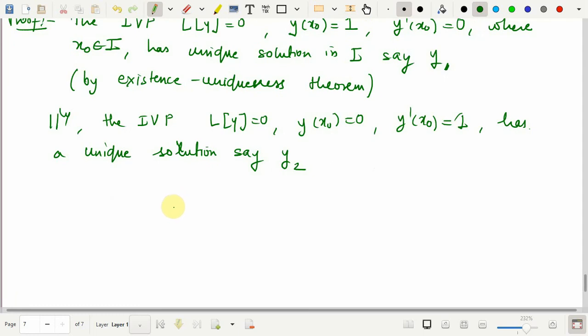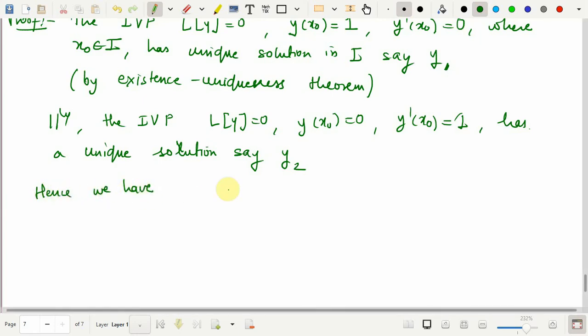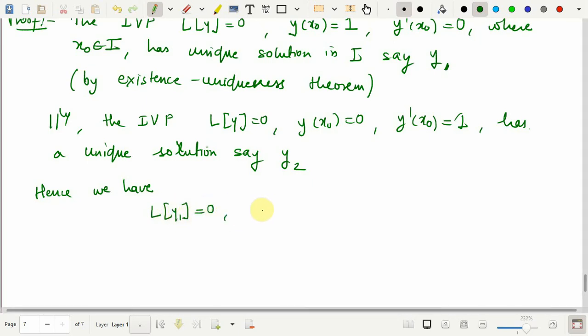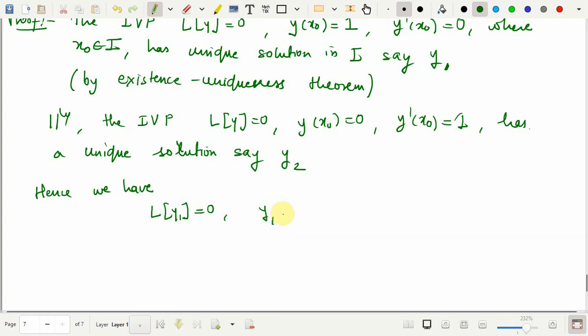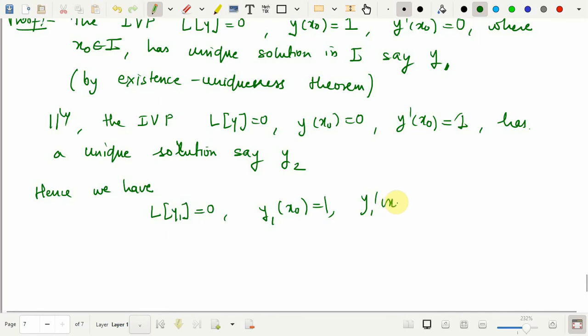So we have two things now. Because of the first one, I get the equation L of y1 is equal to 0, y1 being a solution, and it satisfies the initial condition: y1 of x naught is equal to 1 and y1 prime of x naught is equal to 0.